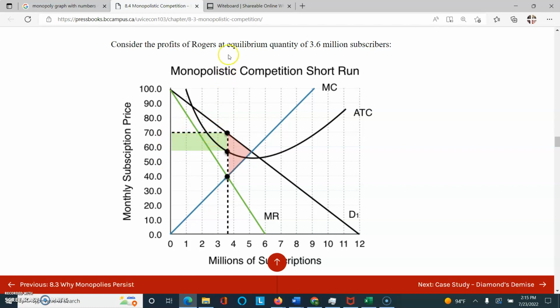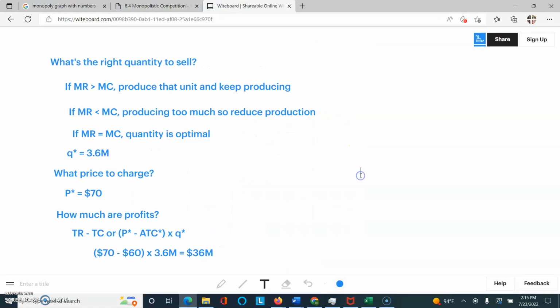Okay, so that's the simple framework that you can use every single time to solve a monopoly or a monopolistic competitive graph. The only other thing I'll point out real quick is this kind of pinkish, purplish triangle. That's what we call in econ buzz speak the deadweight loss.